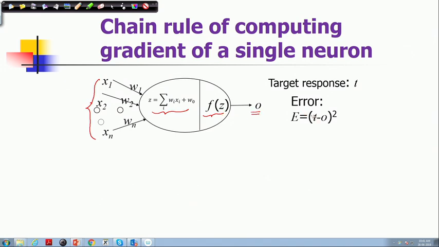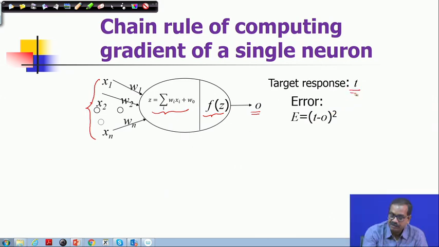Your error function, if your target response is t, in this case we consider as t minus O whole square. This is a square error that we are considering. Now, you need to compute the derivative of E with respect to individual weights, because we are trying to update the weights.